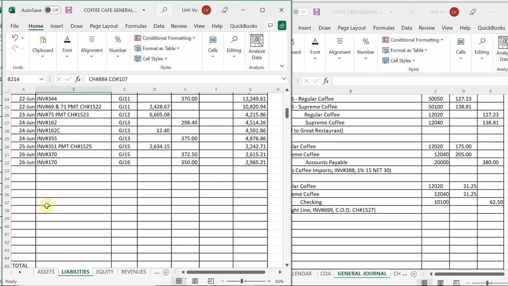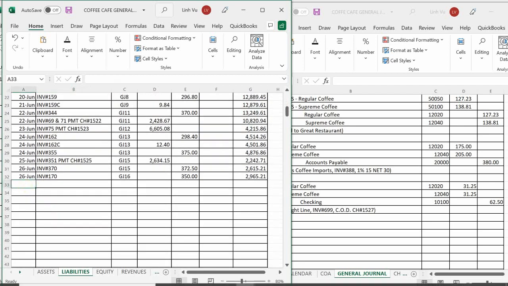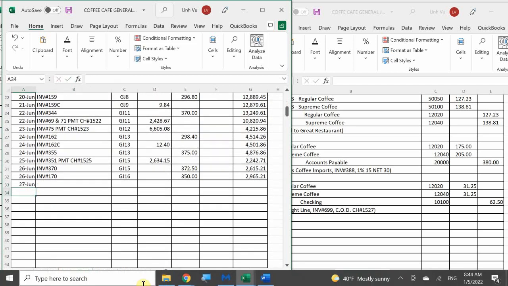I just received a bill, which increased it by $380.